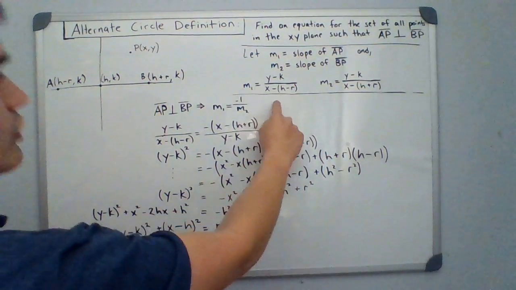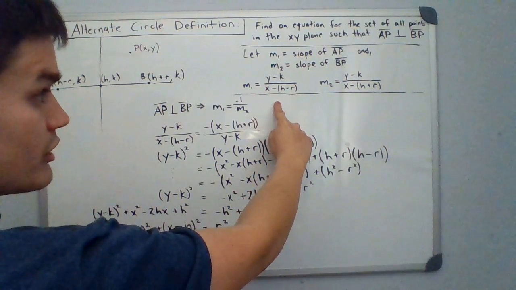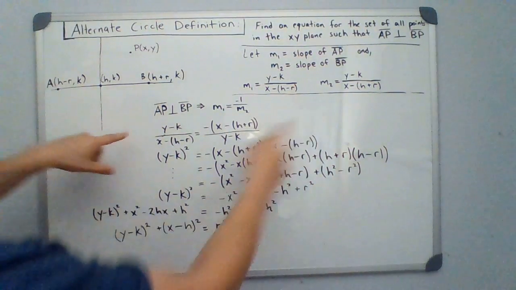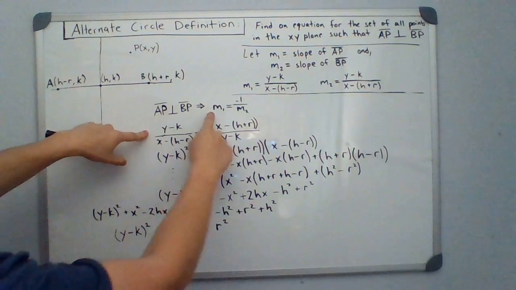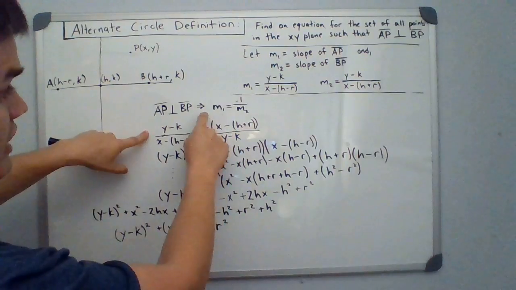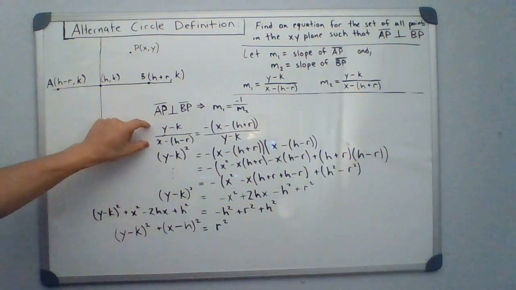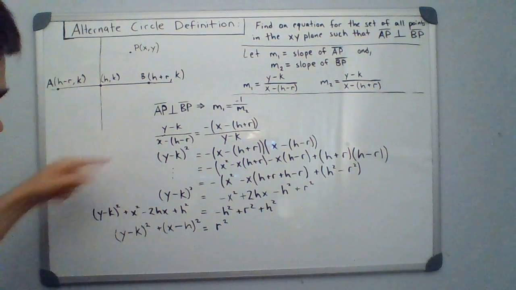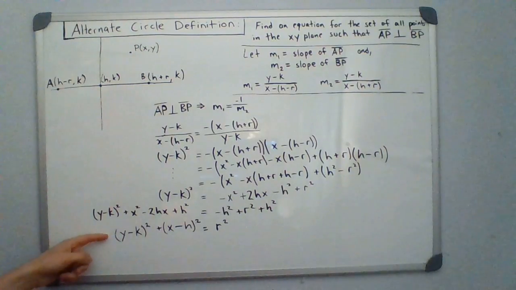So I have m1 in terms of these values, and m2 in terms of these values, and all I have to do is substitute that into this statement that I know, and then from that we just do algebra to generate the form of a circle.